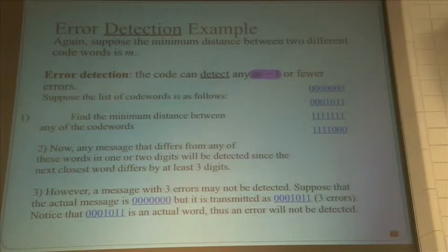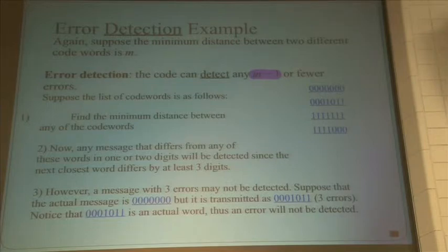Okay, so any message that differs from any of these 4 codes will be detected since the next closest word differs by at least 3 digits. But that message will only be caught if it differs in 1 or 2 positions, right? It's always 1 less than the shortest distance. Okay, but you can see in step 3, if the message has 3 errors, it may not be caught.